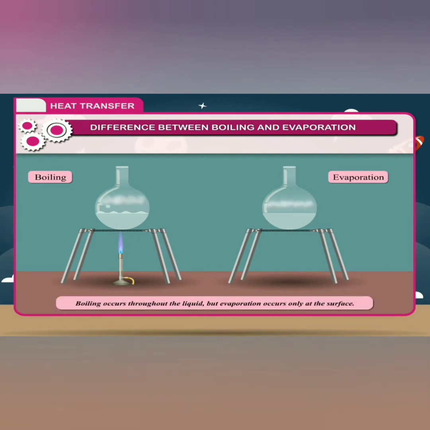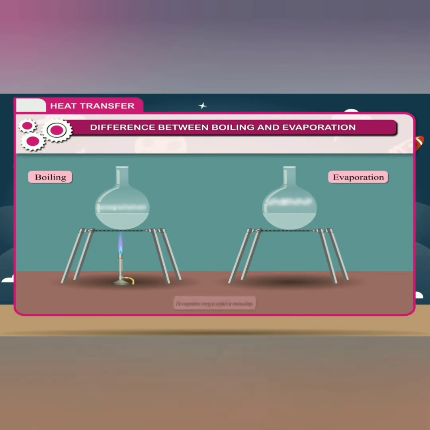Boiling occurs throughout the liquid, but evaporation occurs only at the surface. Evaporation occurs at all temperatures, whereas boiling occurs at a definite temperature, the boiling point.